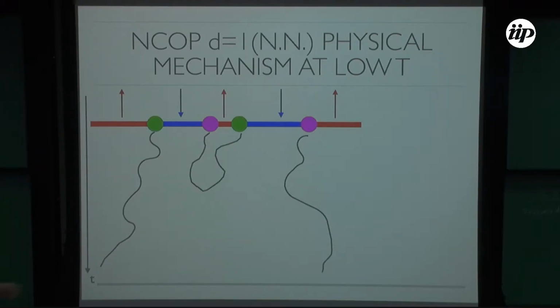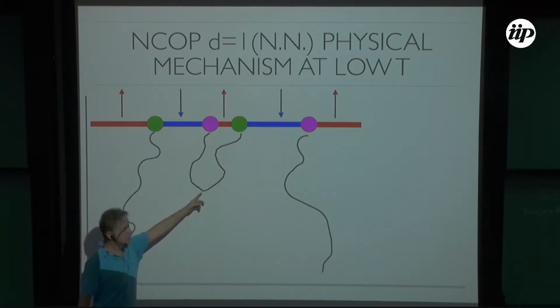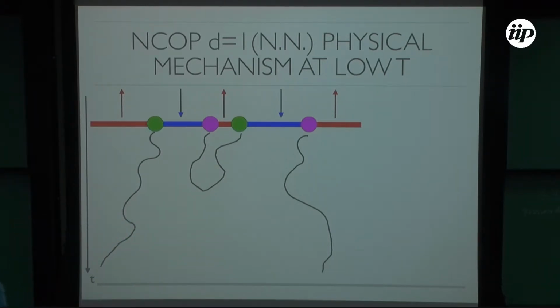It may happen that two of them meet, and when they meet, they annihilate. When they annihilate, the typical size of the domains has grown. This is the mechanism whereby domains grow and coarsen in one dimension. Since this is diffusion, it's quite obvious that the exponent will be 1/2.